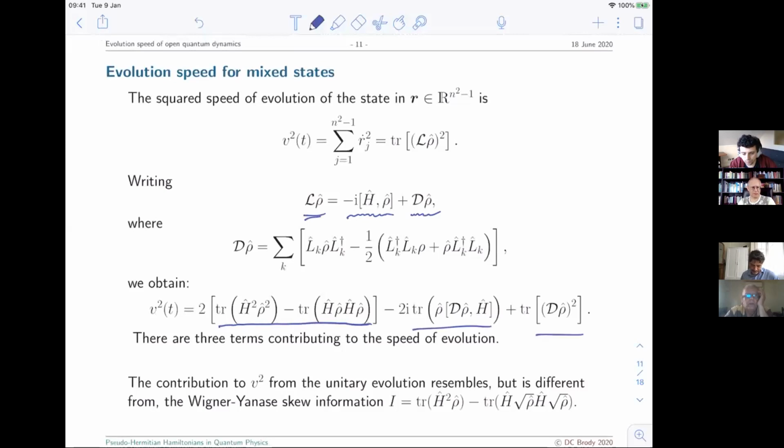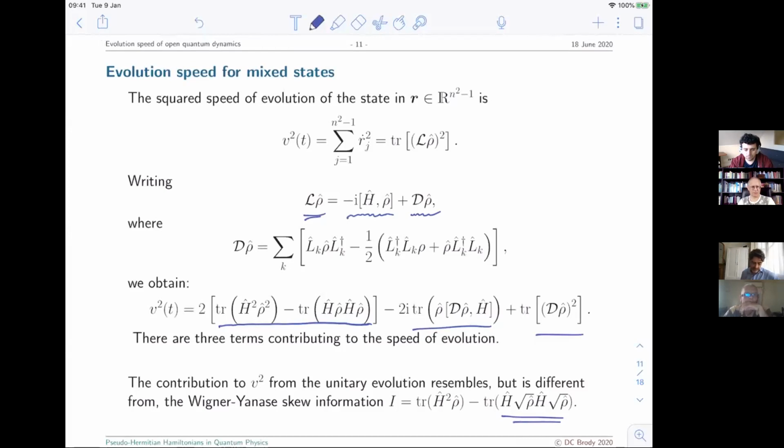Okay. But of course, we're not working in the Hilbert space, we're working in the Euclidean space. So this is not actually exactly the same as the skew information, because for skew information, the second term is given by h root rho, whereas here we get h rho. So it's a slightly different representation, but that's what we get.